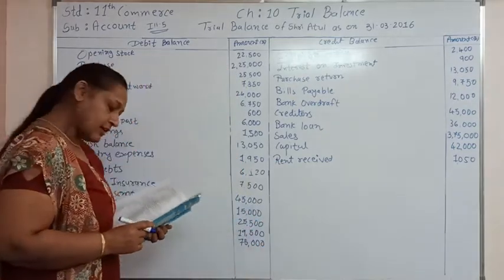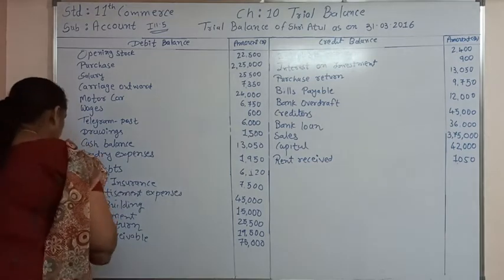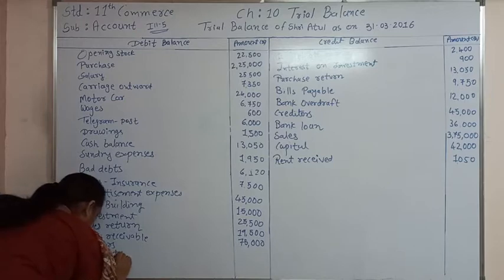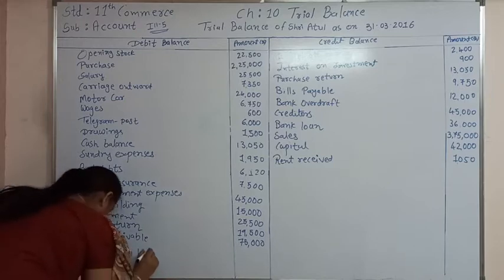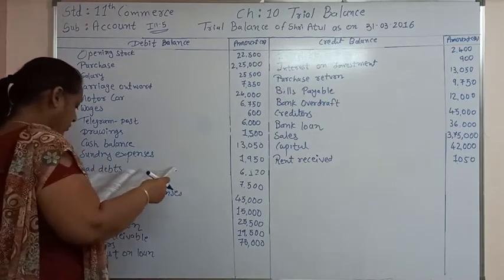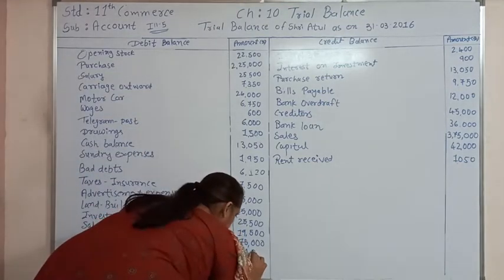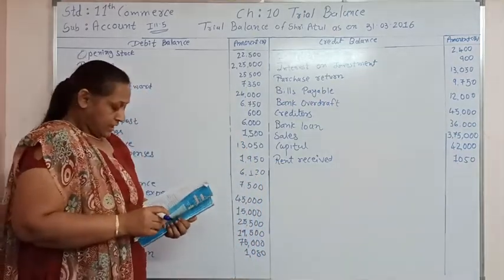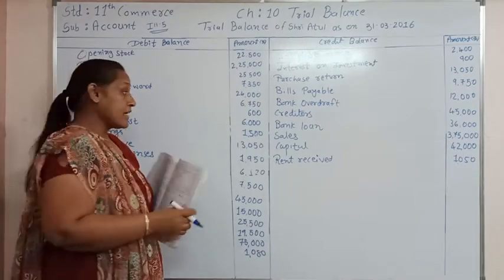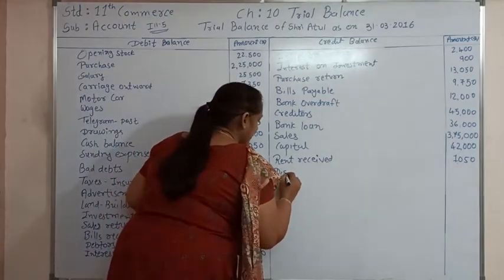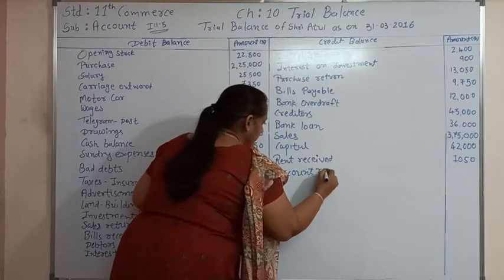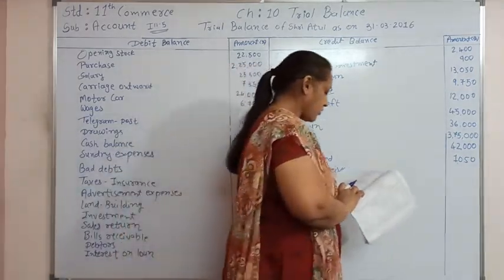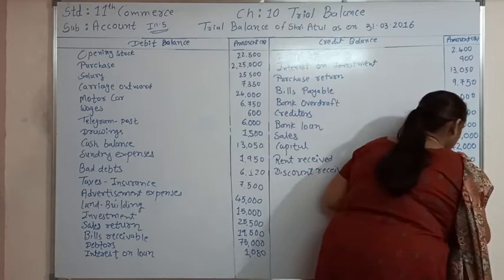So we will write that on the debit side. And interest on loan is of rupees 1,080. And after that, another account is a discount received account, and discount received is an income. So we will write that on the credit side. And discount received has a balance of rupees 2,250.